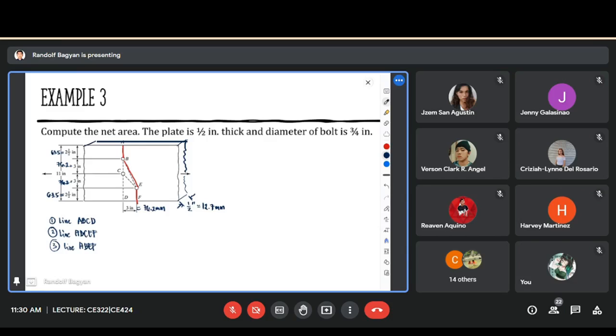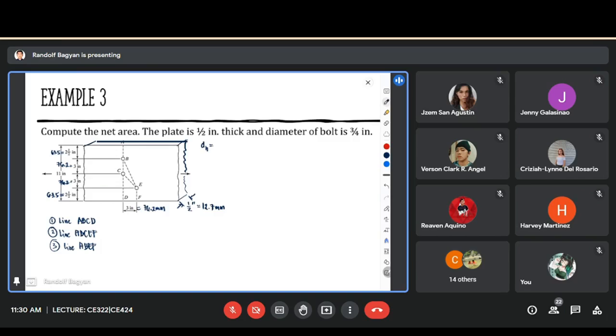Wait lang. Nalilito ako. Pinaka mababa yun yung ating i-consider. Okay, first lang. Yung diameter ng hole natin na ito. Calculate.